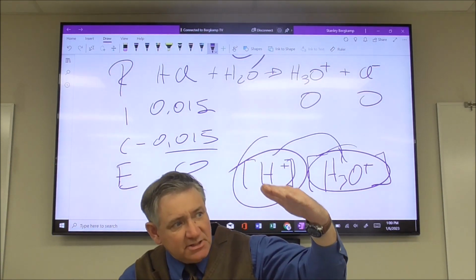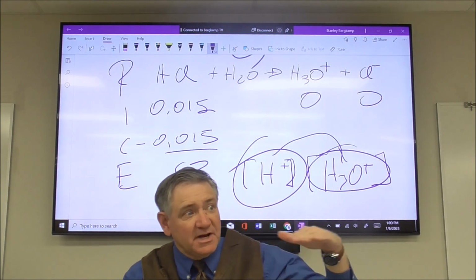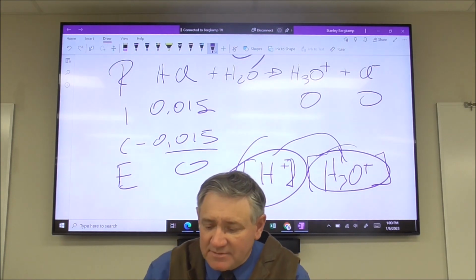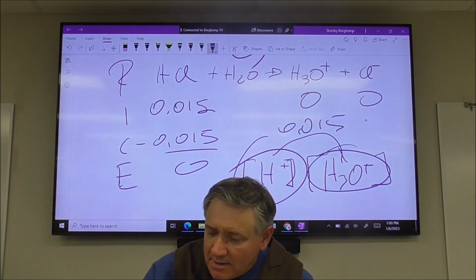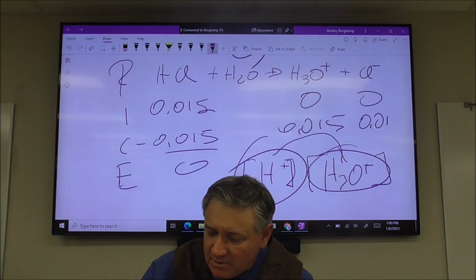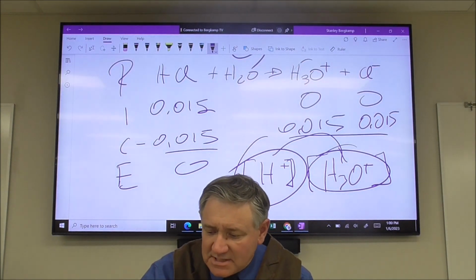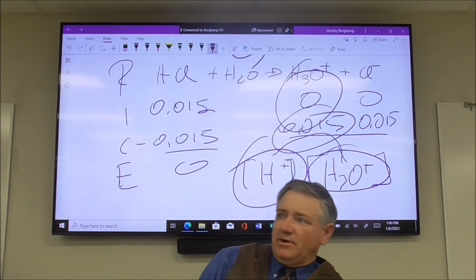So it goes reaction, initial, change, equilibrium. And Mother Nature is all about the equilibrium line. Okay? That's what she's after. So this is going to be 0.015. This is going to be 0.015 because it's going to completely ionize. So now my hydronium ion concentration is 0.015.